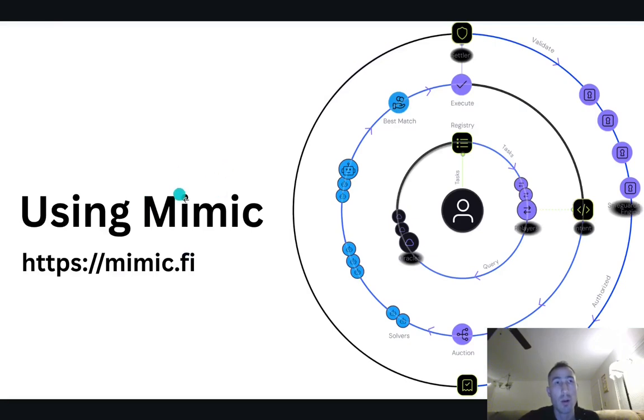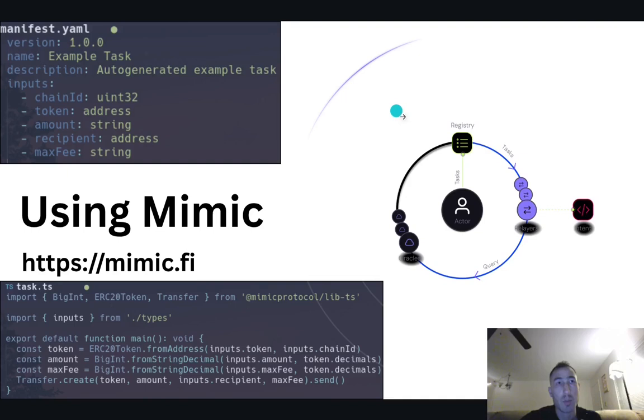Mimic handles all off-chain infrastructure and only leaves us to define what happens on-chain and when. So don't get intimidated, by the way, by this orbital diagram. Mimic abstracts all this away. You only express the logic in AssemblyScript along with the inputs available and submit it to the planning layer, which is the most inner orbit on the previous orbital diagram.